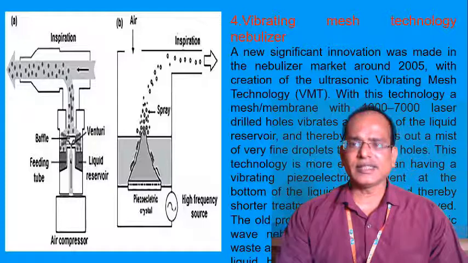With this technology, a mesh or a membrane with 1000 to 7000 laser drilled holes vibrates at the top of the liquid reservoir and thereby presses out a mist of very fine droplets through the holes. This technology is more efficient than having a vibrating piezoelectric element at the bottom of the liquid reservoir, and thereby shorter treatment times are also achieved.